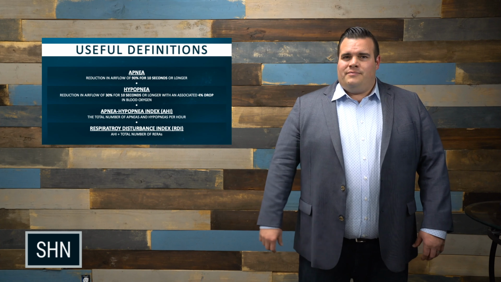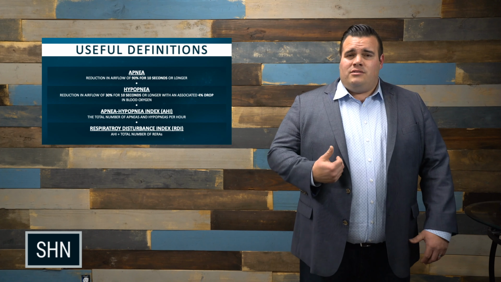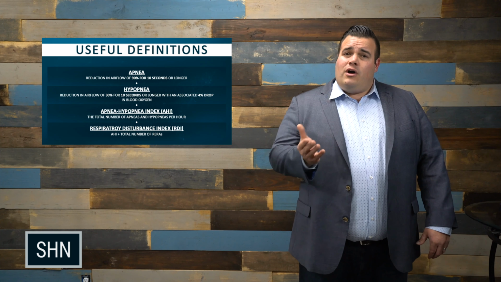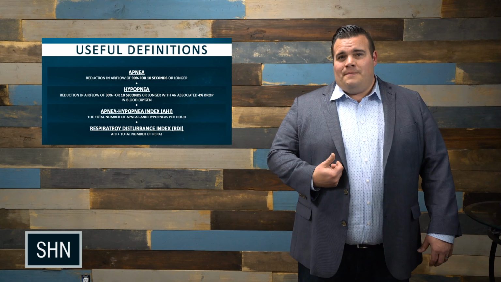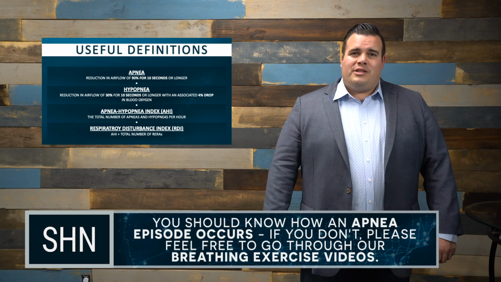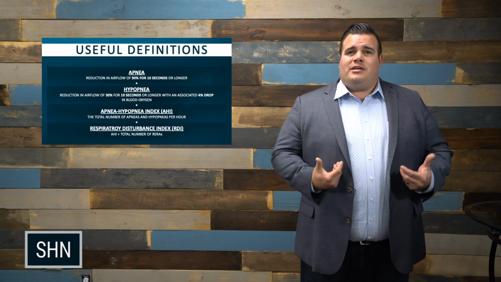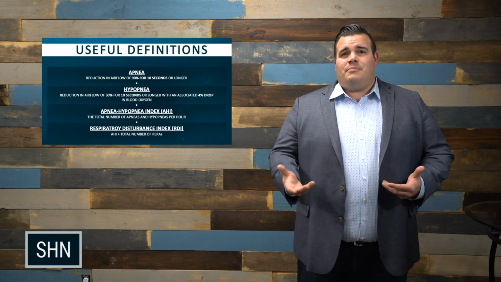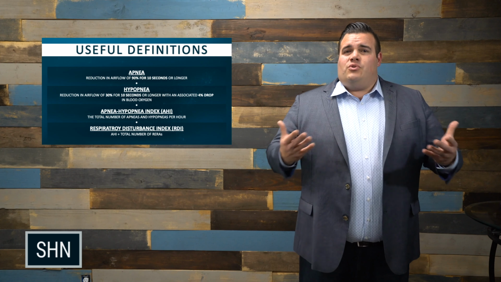What do they mean? When your body is trying to breathe but can't for that 10 seconds, if you've gone through these exercises with us, you know how that feels in your body. If you haven't, take a second and go back for some of those breathing exercises and check them out. But as we understand what our body's going through during an apnea episode, we know that our body is not in a peaceful, calm state.